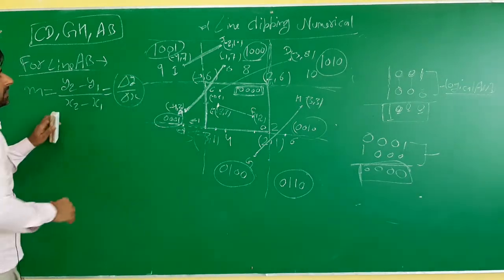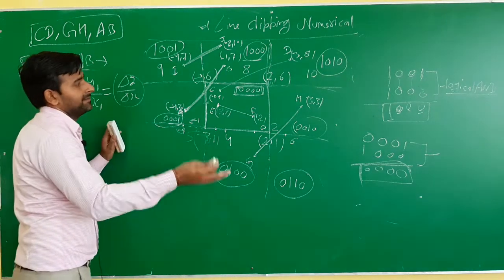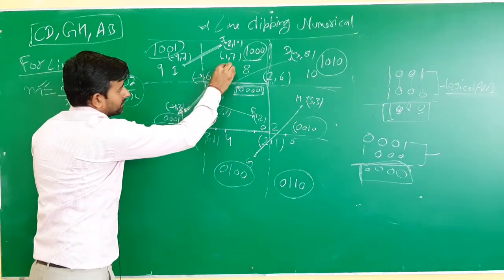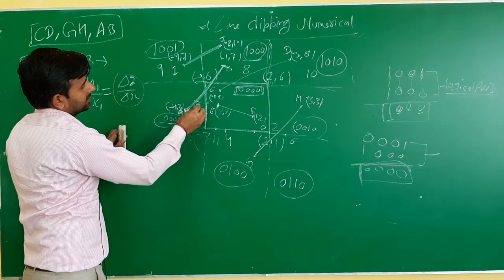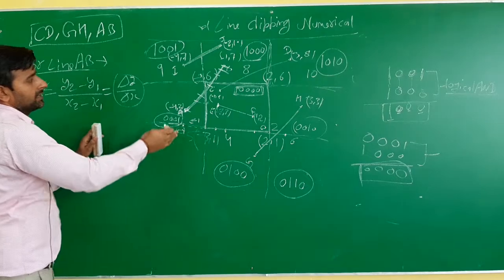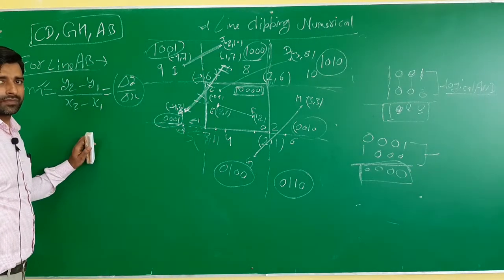This M value will be the same for all the line, at any point, here, here, here and here, the value of M will be same. Clear?